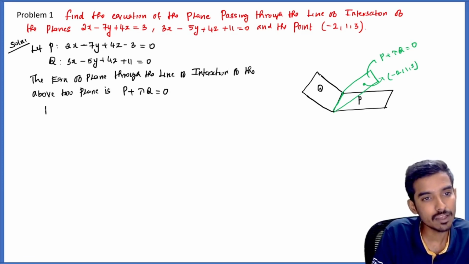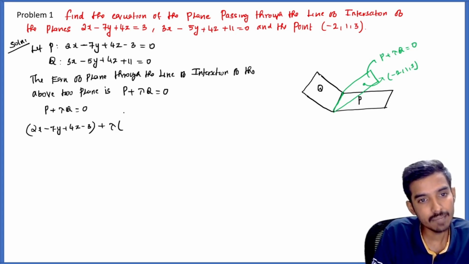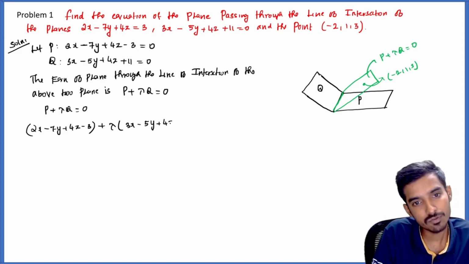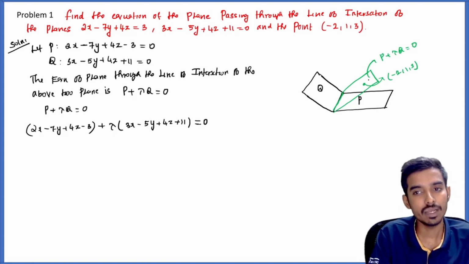So P plus lambda Q is equal to 0 is the required equation. So 2x minus 7y plus 4z minus 3 plus lambda times, so Q is 3x minus 5y plus 4z plus 11 is equal to 0, right? This is the required equation.